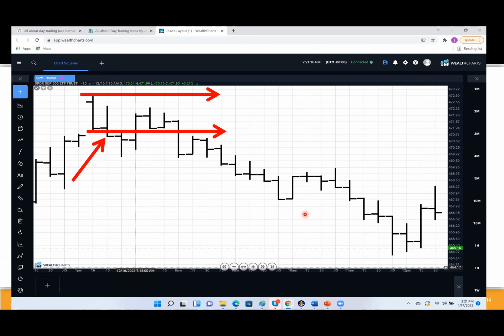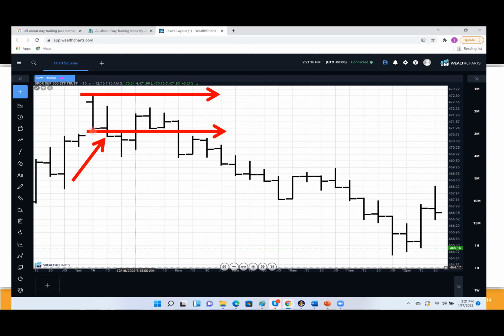Here is a day trade pattern that I developed that I use. We're looking at S&P, and we're looking at a 15-minute chart. So each of these bars is 15 minutes. For the first 15 minutes of the day, I do nothing, but I make note of the high and the low of the first 15 minutes.